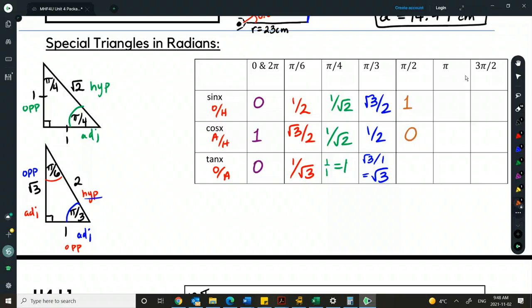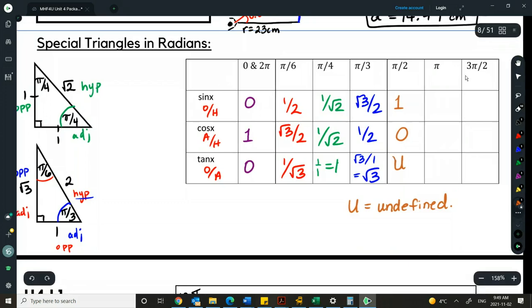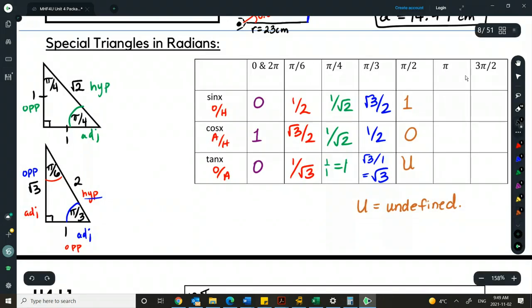Matushini, what'd you get? Okay. That is because tan of pi over 2 is undefined. So I'm just going to make a little legend down here. U will be for undefined. And we will find out a little bit more about this later in this unit, so don't worry too much about it right now. But for now, it's just undefined at that value.